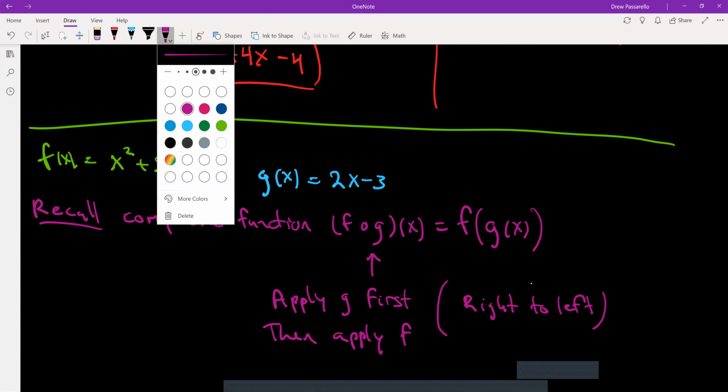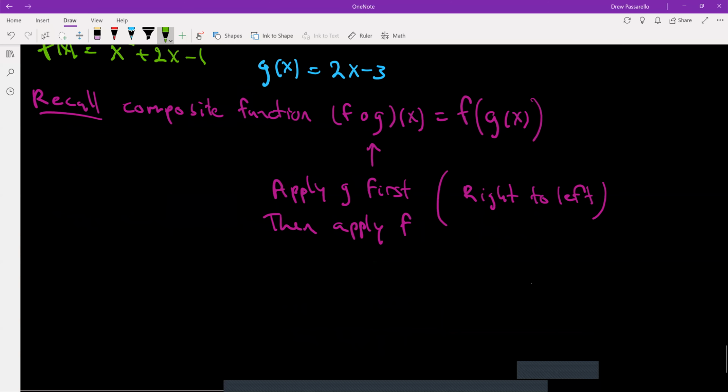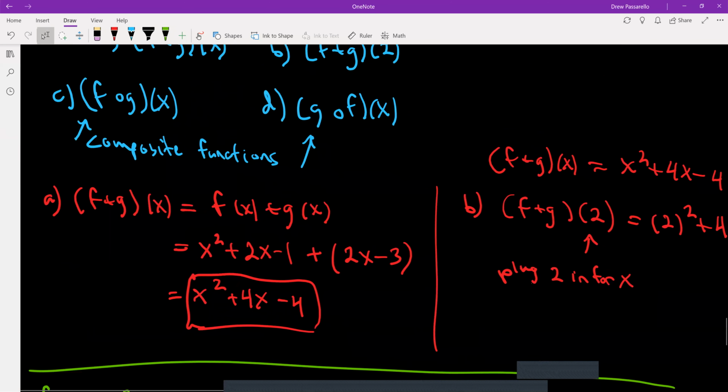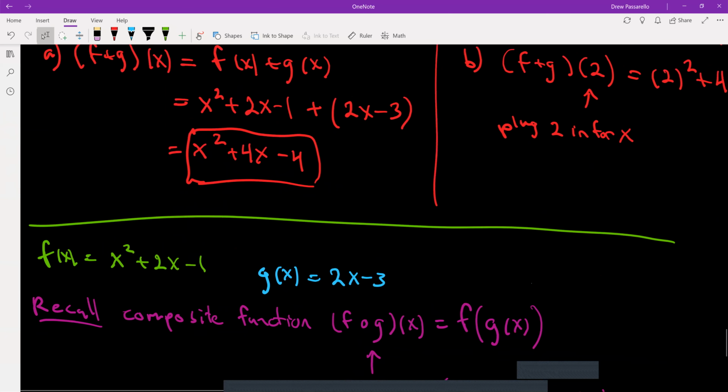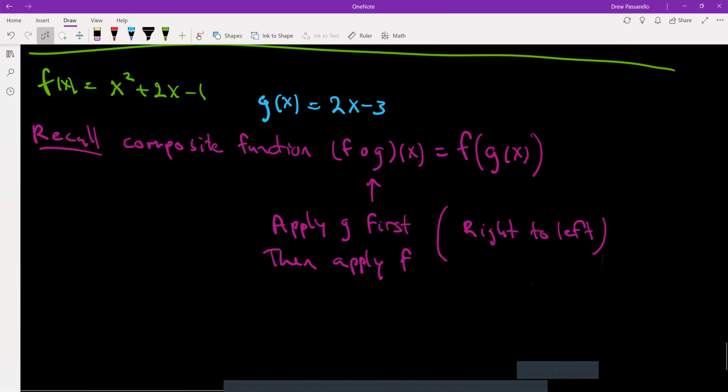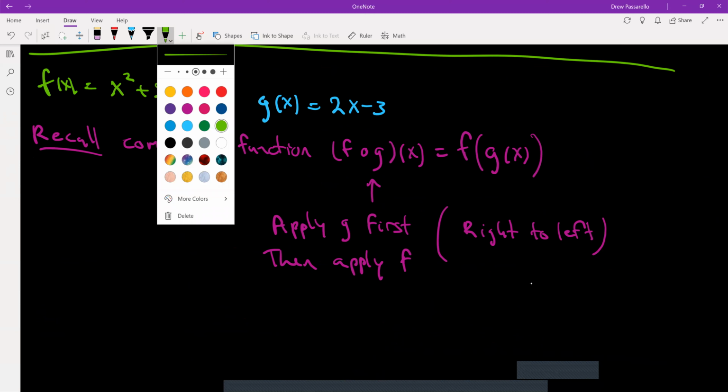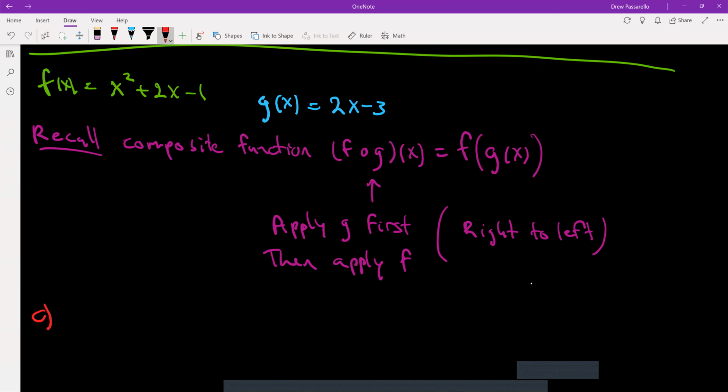All right, so this question, I'm going to be finding f composed with g of x. That's part C. So I'm going to apply f, and f is in green. I use the definition.